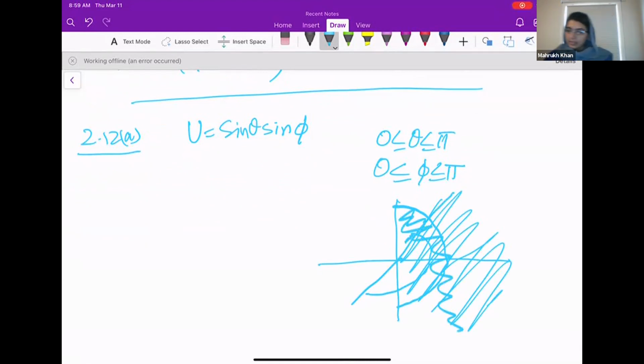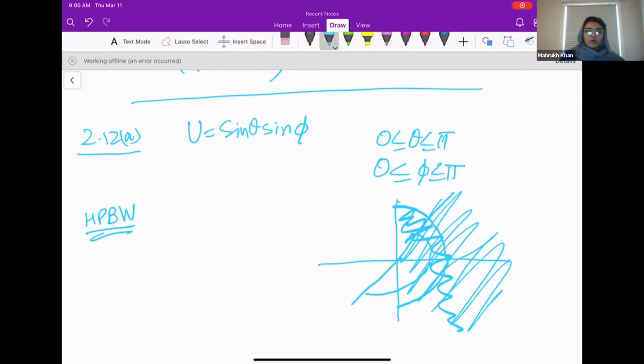Now they are saying that U is equal to sine theta sine phi. As we know, again there is only sine, which means that this is an omnidirectional pattern. You can find radiation intensity, it's fine, but when we are talking about half power beamwidths, azimuth and elevation, if you think about azimuth, you want to have this cut or this cut.